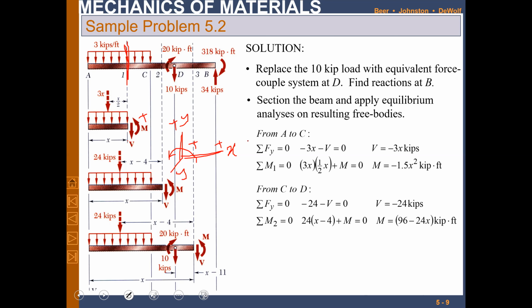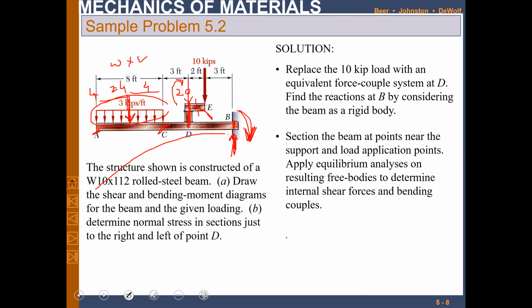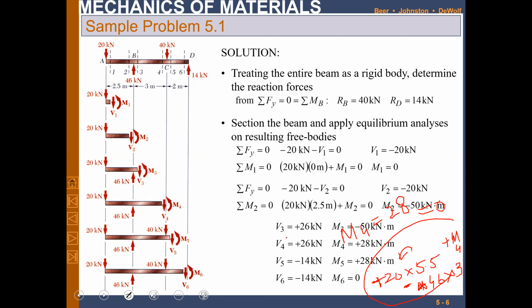So all these calculations are on the basis that this is positive x, this is positive y, and this is positive M. See, minus 20 kilonewton is going downward. This is negative y.